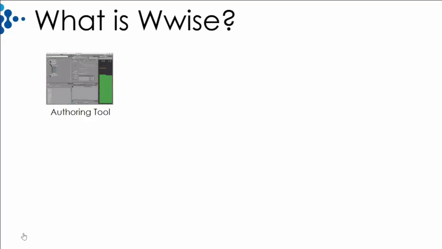So let's get started. First of all, just for those who don't know, what is Wwise? It comes in 2 parts. The first is an authoring tool, Mac and Windows application that is used by sound designers to basically create the audio structure of the game. So they list the events that the game will trigger and what kind of audio response should happen, from mixing, advanced effects, LPF, everything.